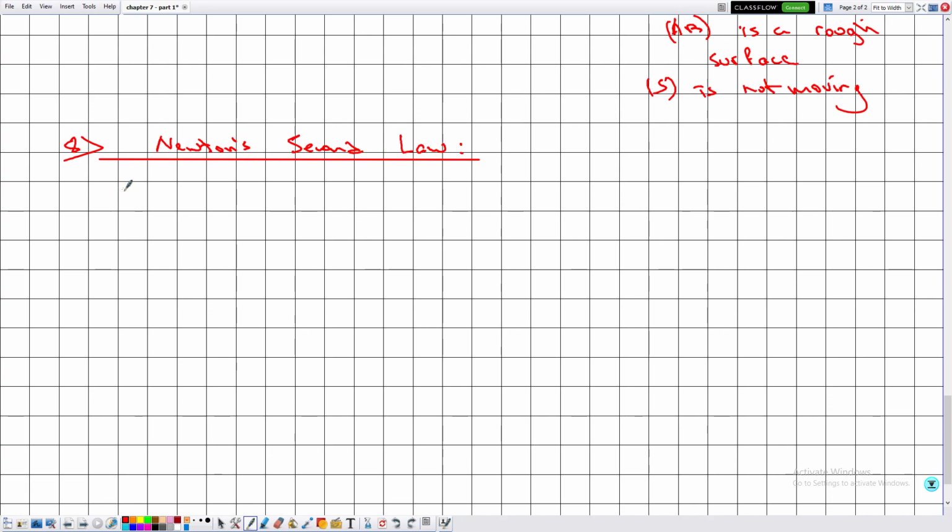Then in Newton's second law, so we usually write it like this, Newton's second law, or this is also referred to as the fundamental principle of dynamics.